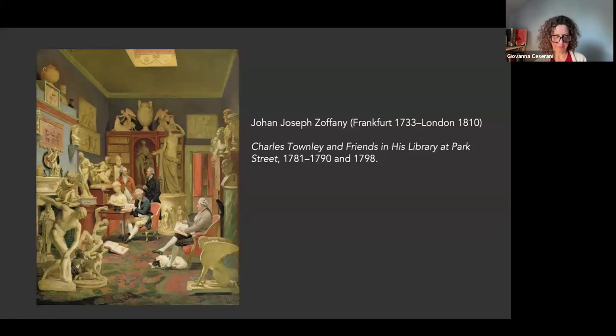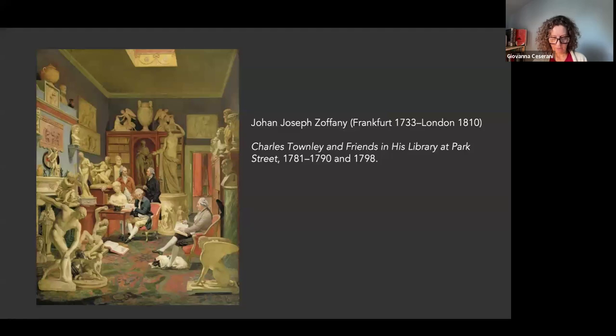All the pieces in the painting are accurately depicted and easily recognizable, but Zoffany has imaginatively assembled them so as to crowd the library, while in fact they occupied various places in his house. His house served as a museum during his life. And then the Townley donation to the British Museum is the biggest donation ever of classical antiquity to the museum in a single swoop.